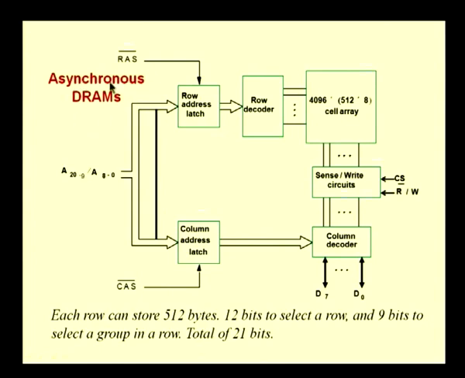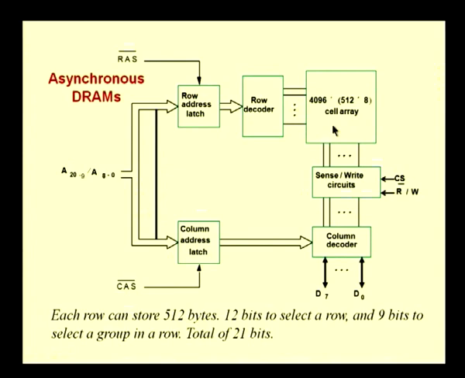If you look at synchronous DRAMs, they are again organized as cell arrays, with rows and columns representing the array, and the density of the dynamic RAM will always be higher than the density of a static RAM.